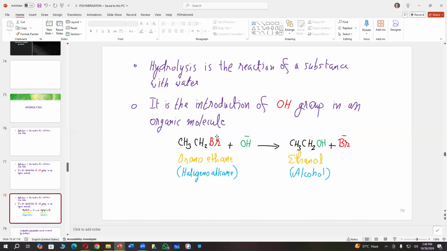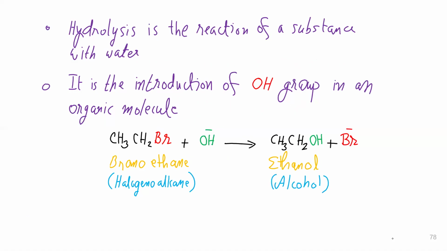That's a very good question. Water is only a reference. That's why I have given you the second definition also. Water is only there as a donor of OH. Water is not shown here. The actual introduction is OH. Water is a medium to provide OH minus.